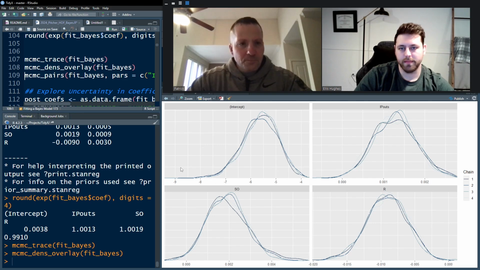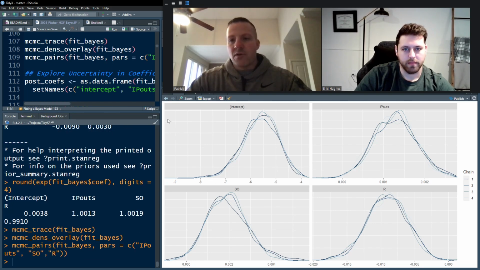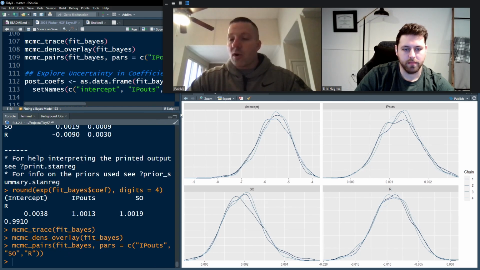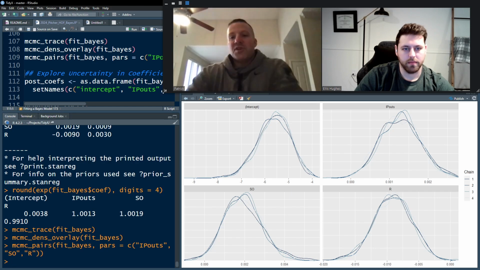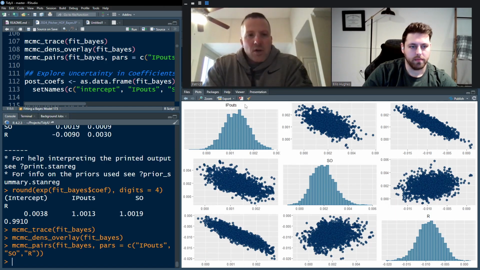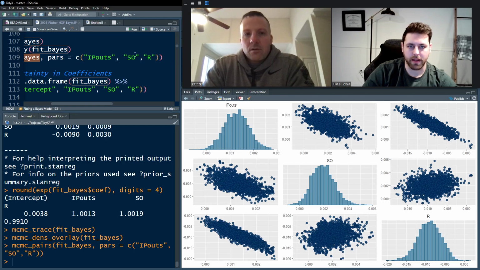And then the pairs plot is just a nice way to look at the coefficients of your model, so you can explore the correlated nature of those coefficients, as well as information about their distributions. We put all 3 of our model coefficients in the parameters: we called mcmc_pairs on the fit Bayes model, with pars equals IP outs, SO, and R. So we can see that IP outs and strikeouts seem to be pretty highly correlated with each other.